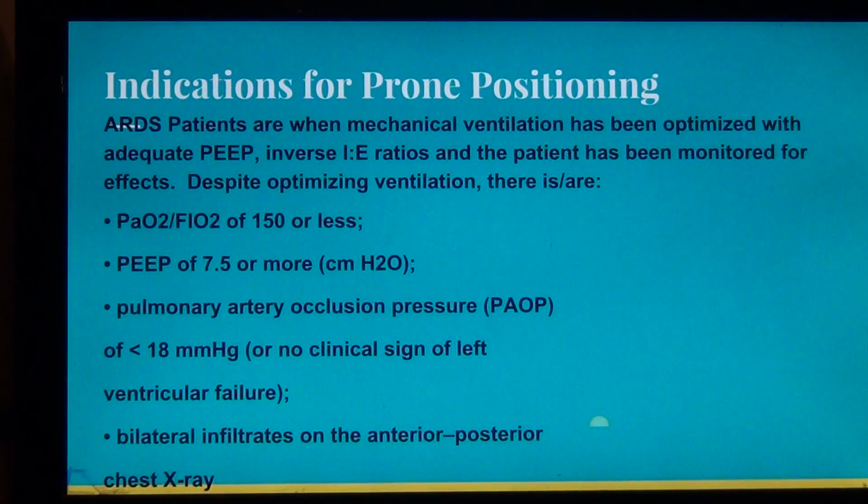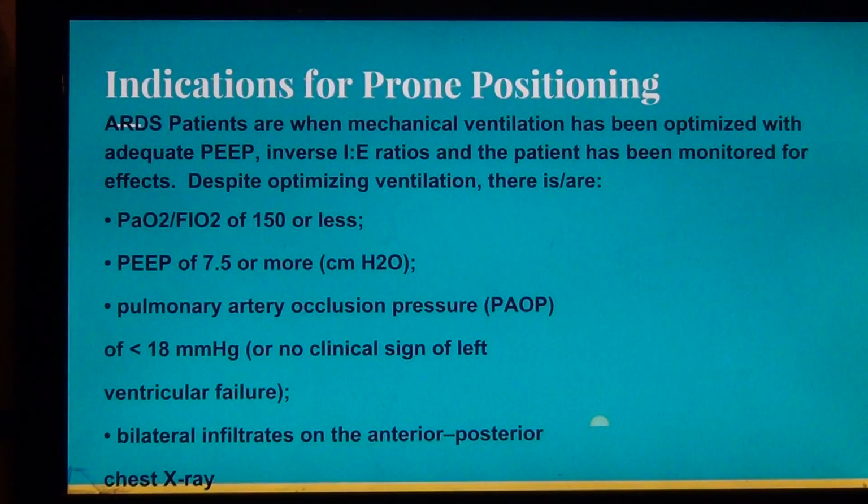Indications for prone positioning are when patients with ARDS are mechanically ventilated and they have optimized ventilation with adequate PEEP, an inverse I to E ratio, and the patient has been monitored for effects.